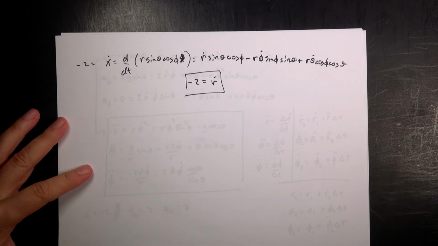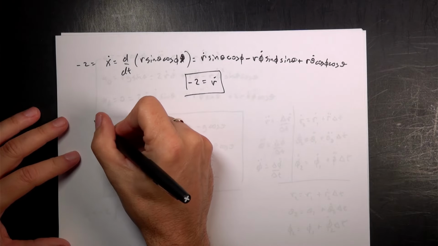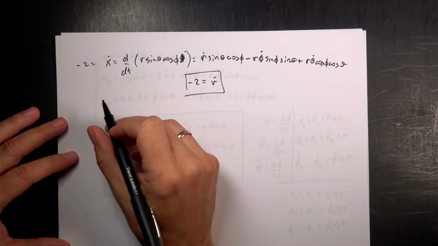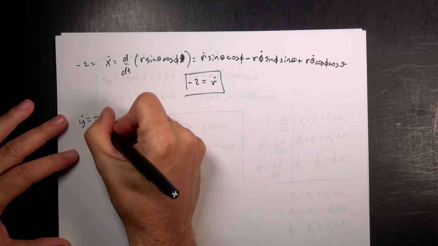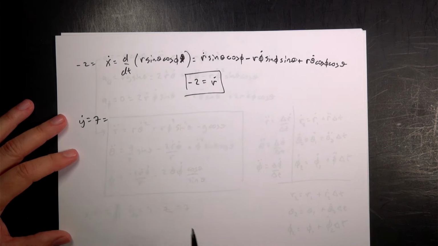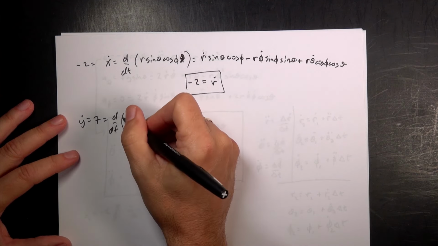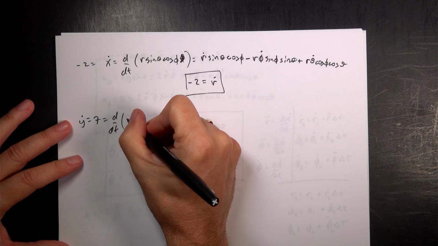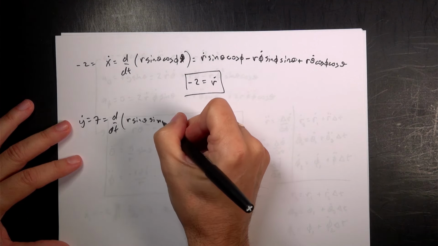Okay, so now let's do the same thing using my derivative of y. So I know that y dot velocity is 7. So y dot equals 7. And that's going to be equal to the derivative of the y value, which is r sine theta sine phi.